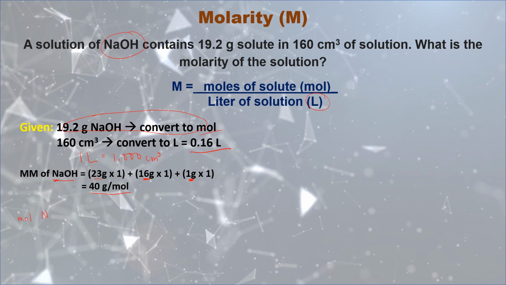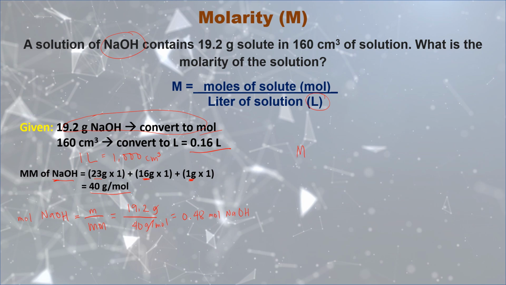So moles of sodium hydroxide, again, is mass divided by molecular mass. The mass of NaOH is 19.2 divided by 40 grams per mole. Cancel this one, and the answer will be 0.48 moles sodium hydroxide. And then we are now ready to solve for molarity.